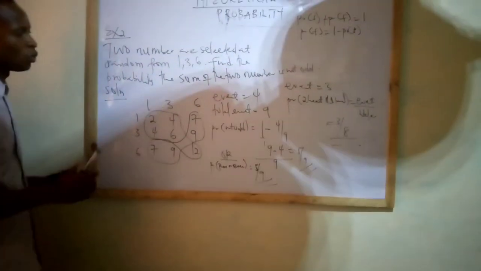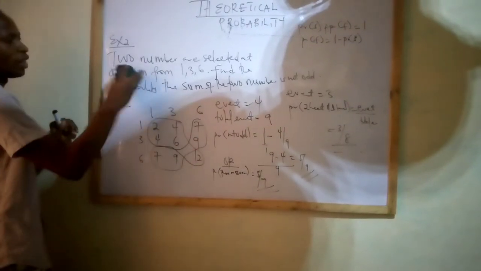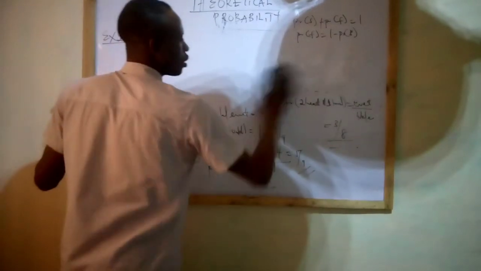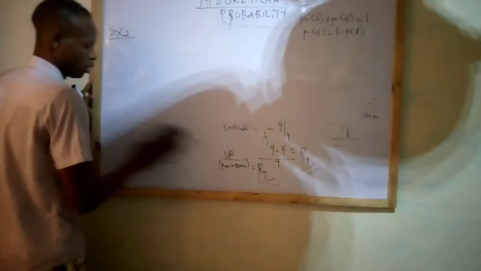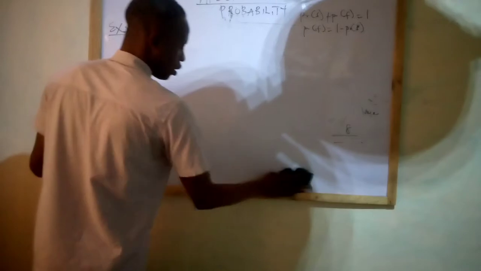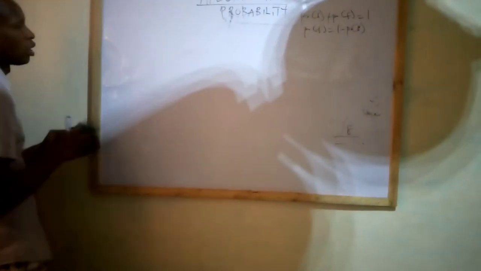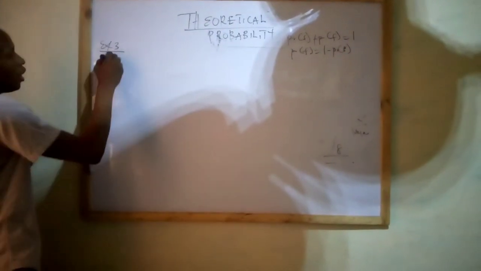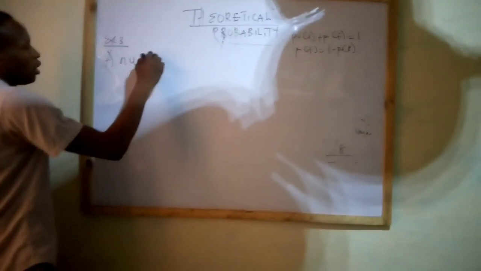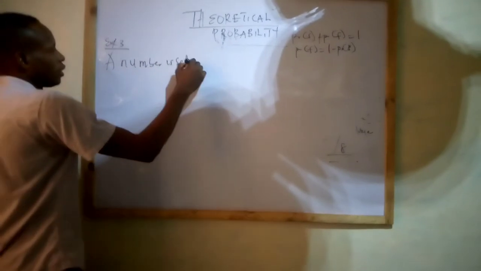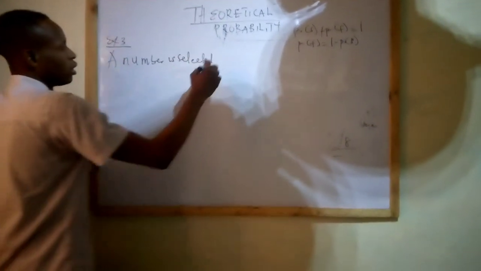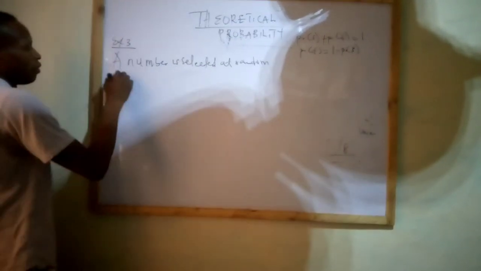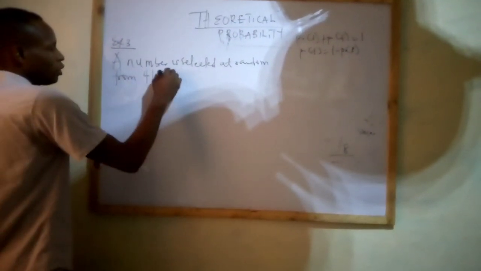Okay? That's example 2. Then example 3. Let's take another example. Example 3 says that a number is selected at random from 41 to 56.